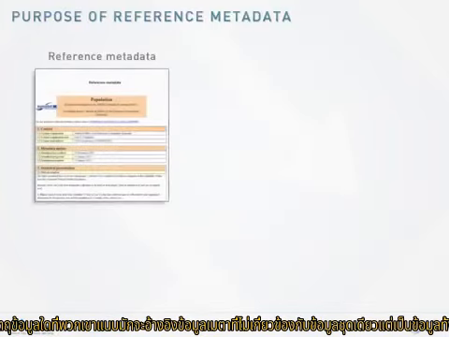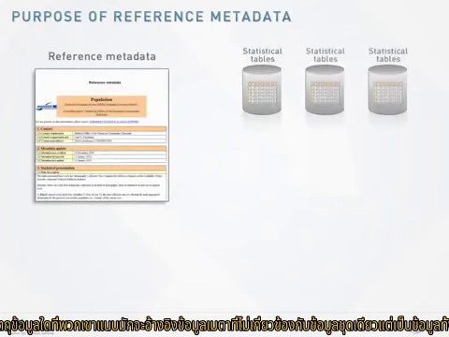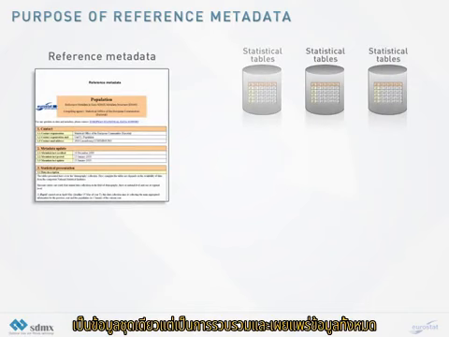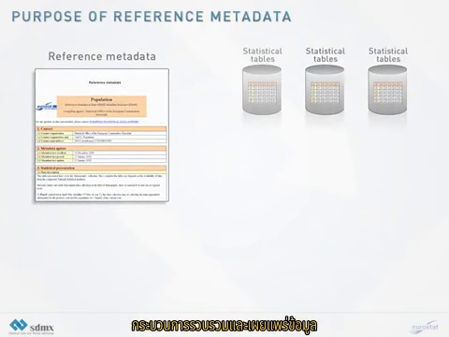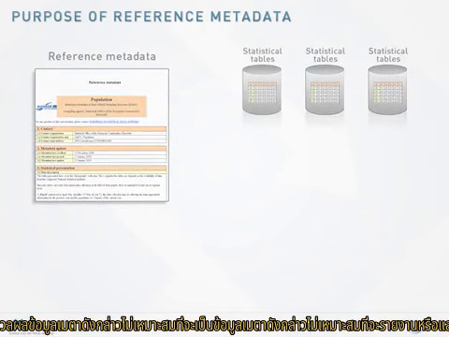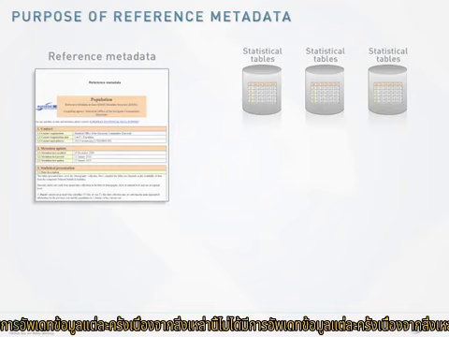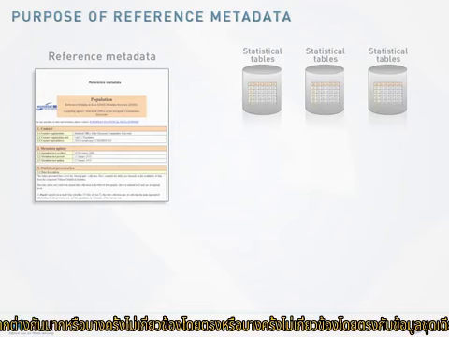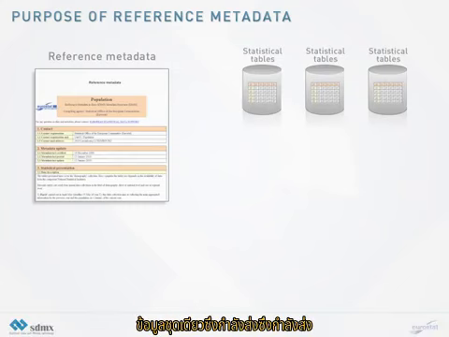Often, reference metadata relate not to a single set of data, but to an entire data collection and dissemination process. Such metadata are not appropriate to be reported or exchanged with each data update, as these do not vary so often, or sometimes do not relate directly to the single data set which is being transmitted.